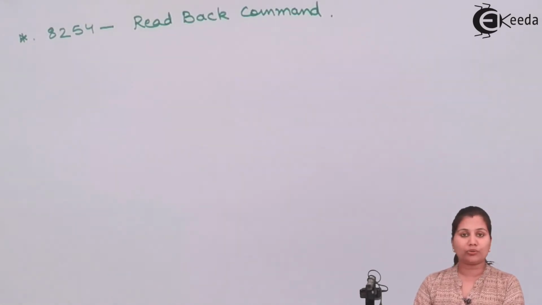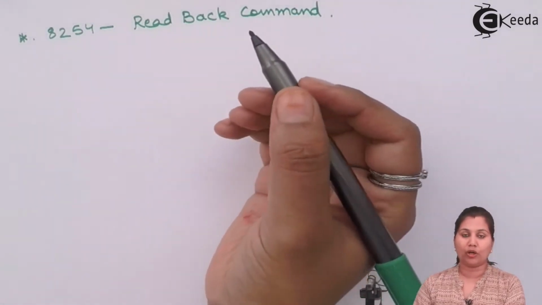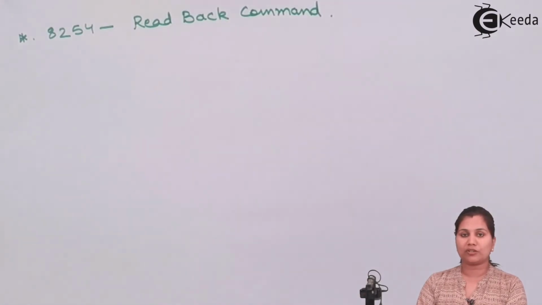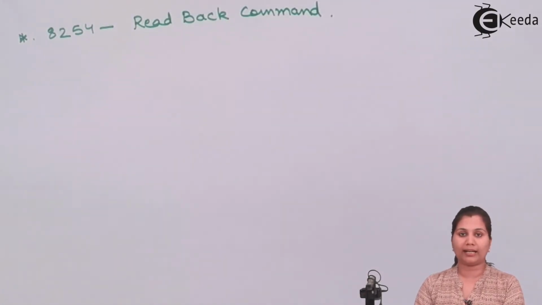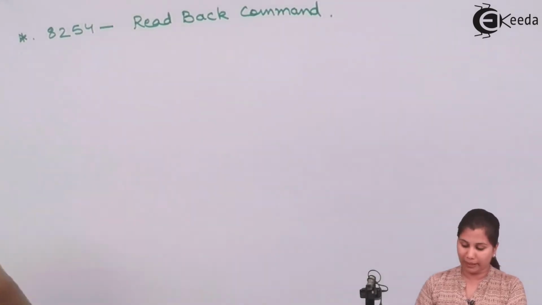Now if we want to read the count value at any time, this read back command is useful. In the 8253 this feature is not available, you cannot read the value of the count at any time. Only in the 8254 do we have this read back command.